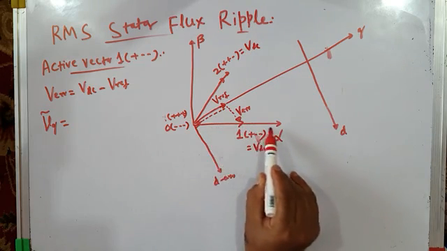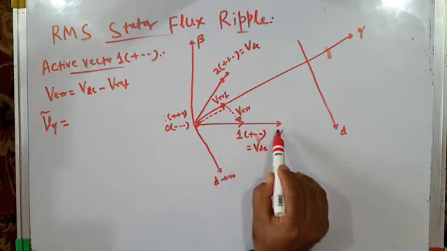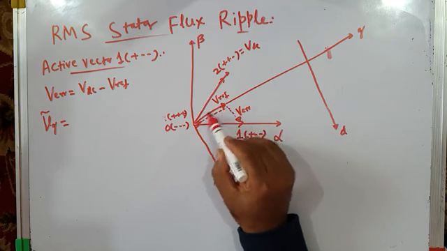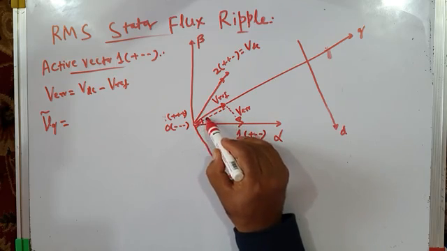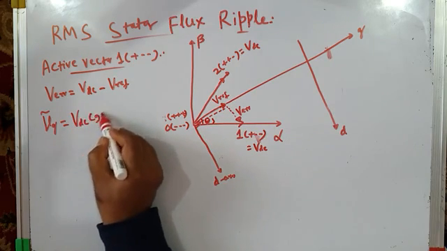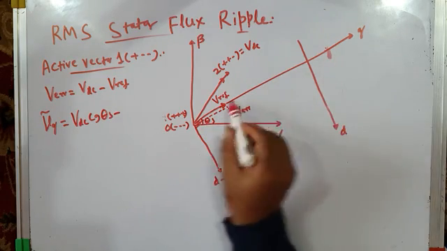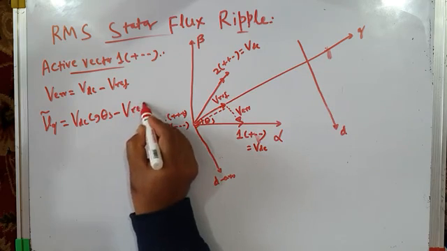So active vector 1 with magnitude VDC is applied along alpha axis and its component along Q axis is VDC cos theta s, because this angle is theta s. So it is VDC cos theta s minus the desired vector along Q axis. What is the desired vector along Q axis? That's Vref.